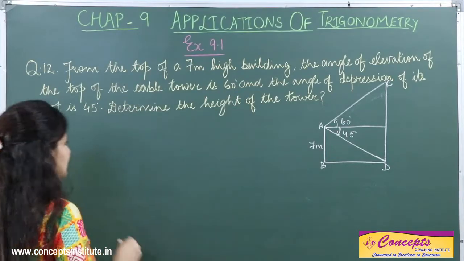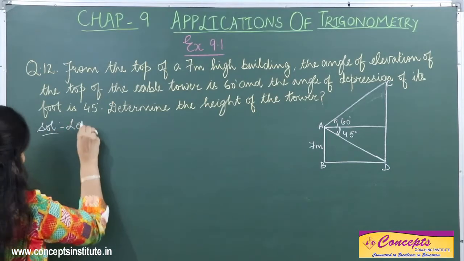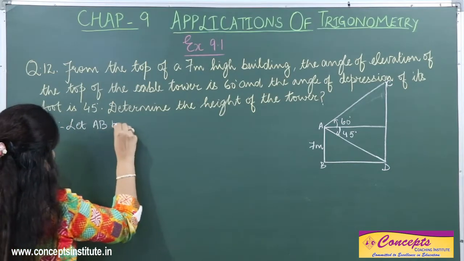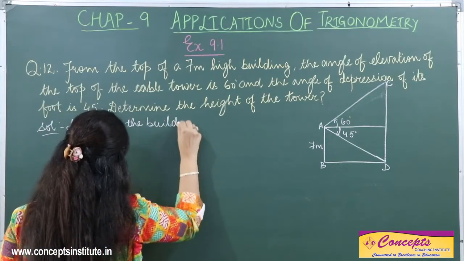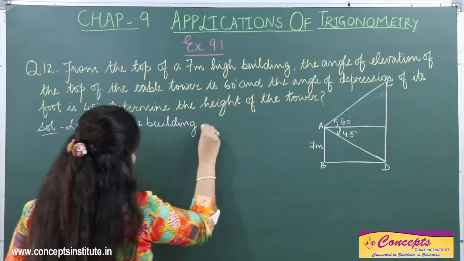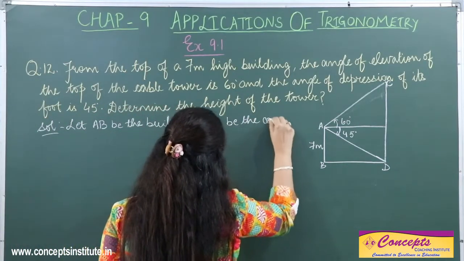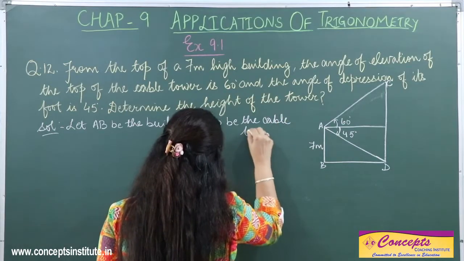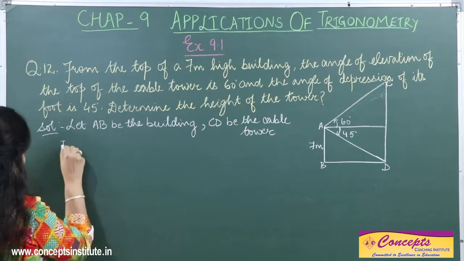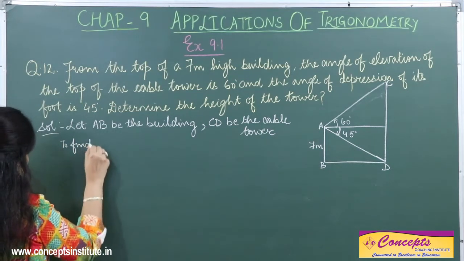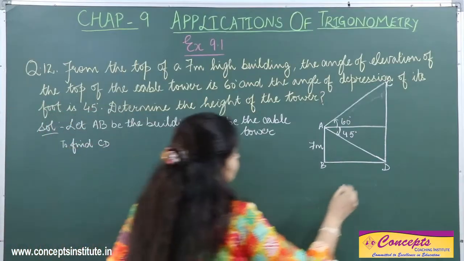So let's just write the same thing in solution. So I'll say let AB be the building and CD be the cable tower. Now what do I have to find out? I have to find out CD, right? Now I am going to name this point also.